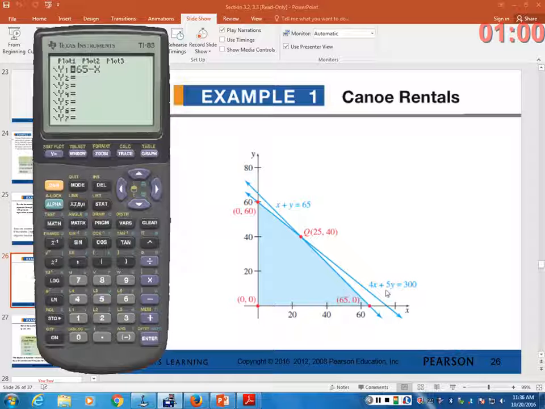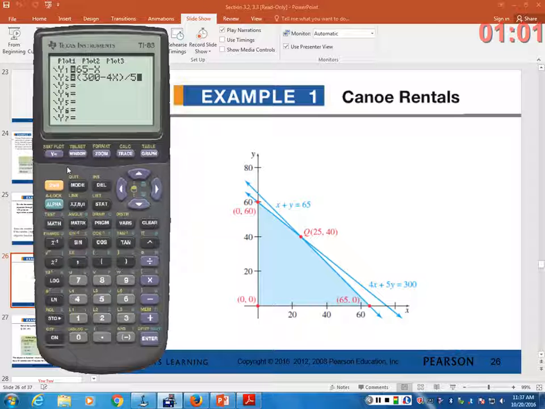The second equation, 4x plus 5y equals 300, is going to be y equals, in parentheses, 300 minus 4x, close parentheses, and divide by the number in front of y, which is 5. And that'll give me those equations.